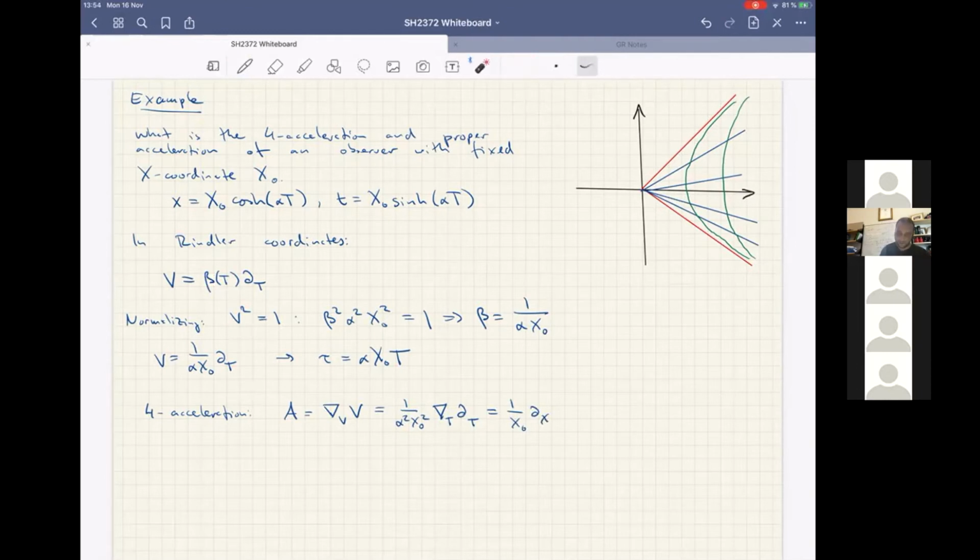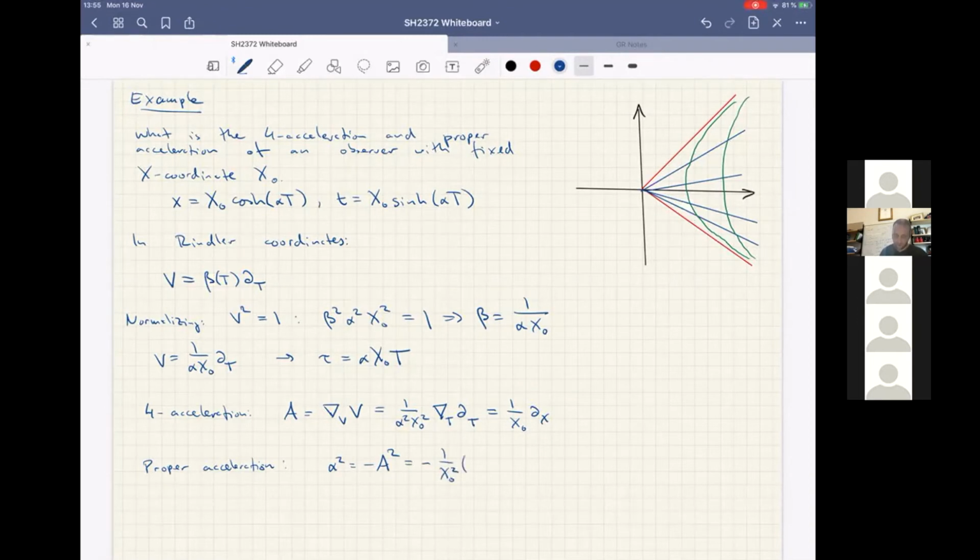So this is the 4 acceleration, which means that I can compute the proper acceleration as alpha squared, that's minus a squared, which is then minus 1 over x0 squared from the components.